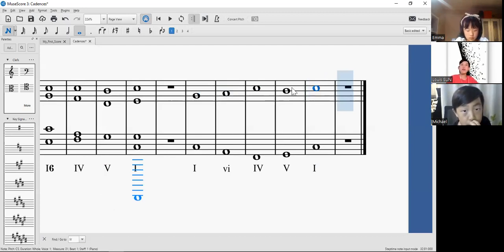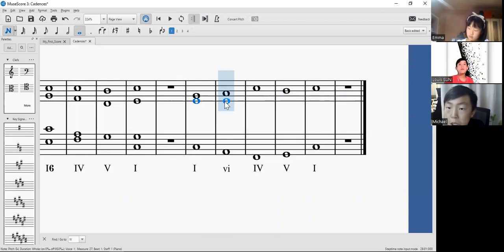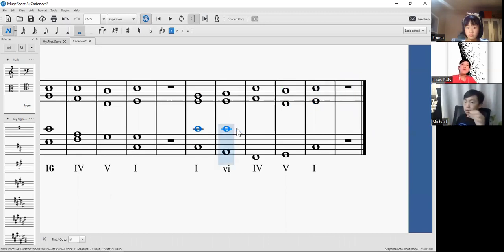Good. We got the leading note to the tonic in the soprano. Let's fill in the alto and tenor. And then here's the thing.